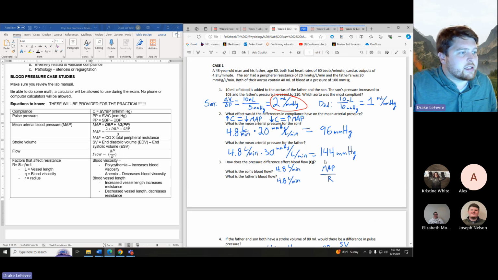And if we actually look at this when we do the calculation, for the son, his change in pressure was 5 over the resistance, which was 20, versus the dad, who changed 10 over 30.